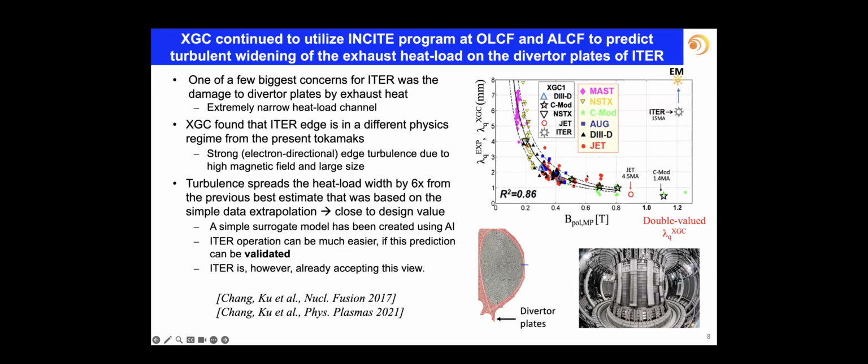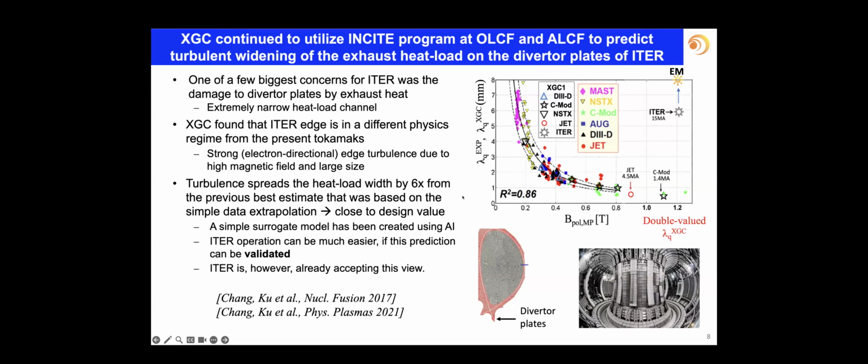And all of a sudden, when you apply the same code to ITER, it jumped to 6 millimeters. So why? Was something wrong with the code? We found that ITER has not only a high magnetic field, but is also a very, very large machine.